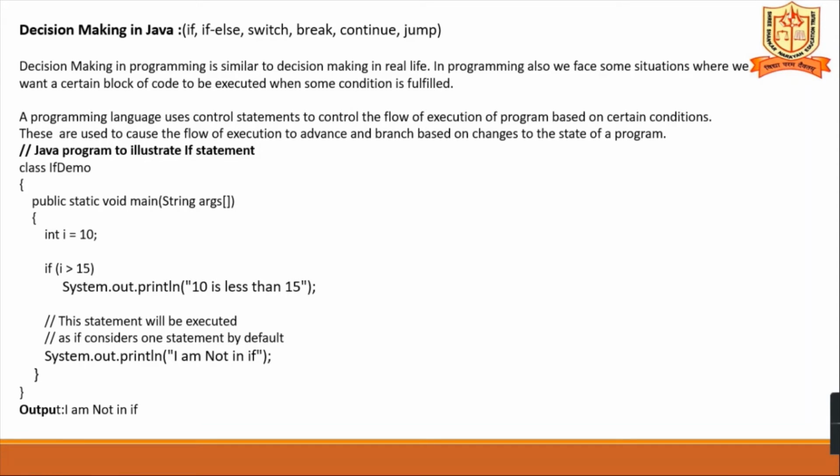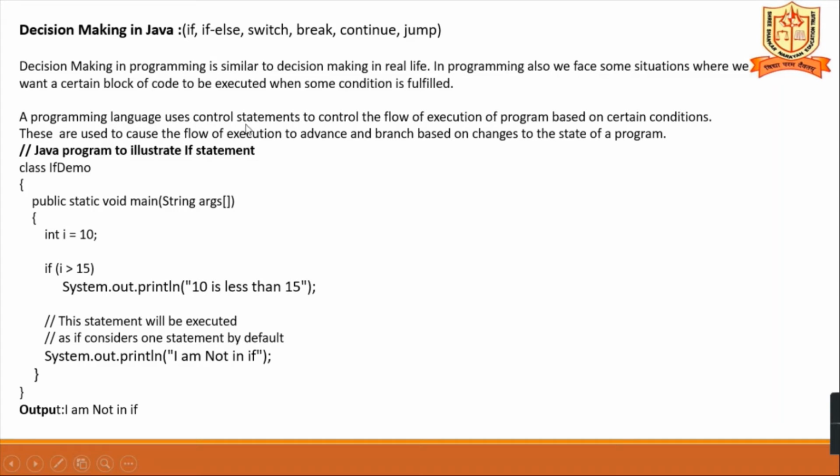Next topic is decision making. So which are the decision making statements? If else, switch, break, continue, and jump, these are the decision making statements. We'll see one by one. Decision making in programming is similar to decision making in real life. In programming also, we face some situations where we want a certain block of code to be executed when some condition is fulfilled.